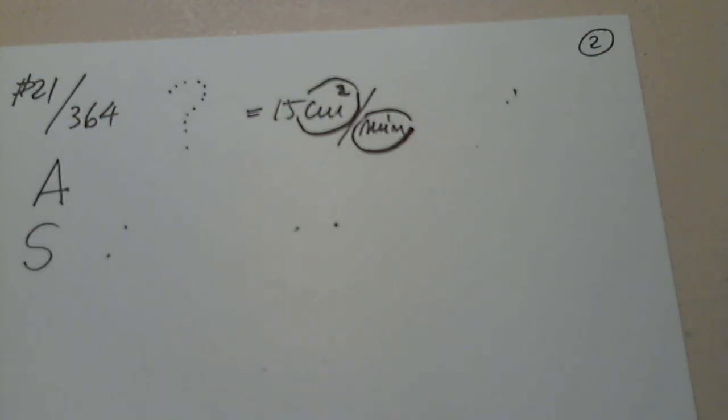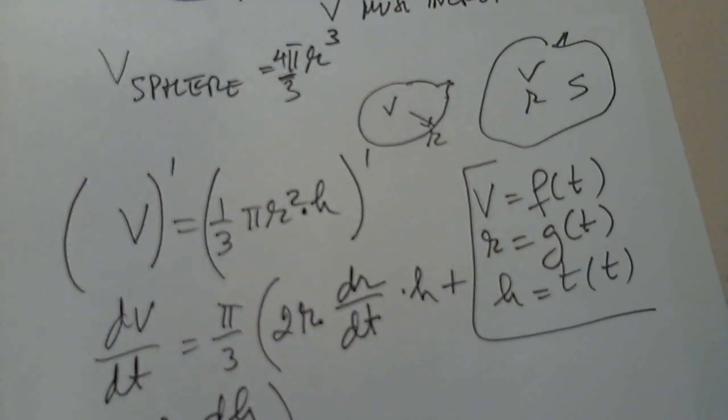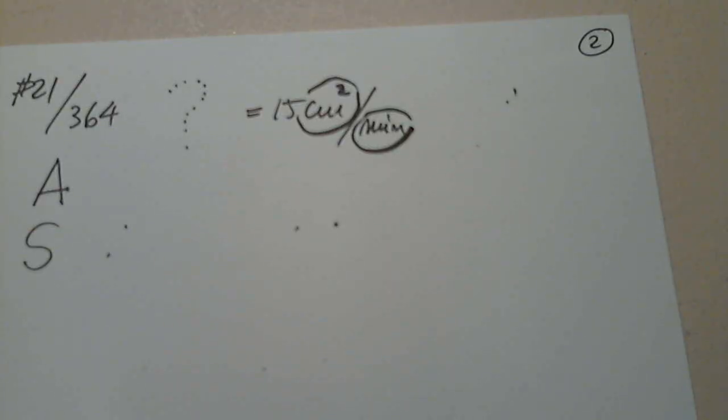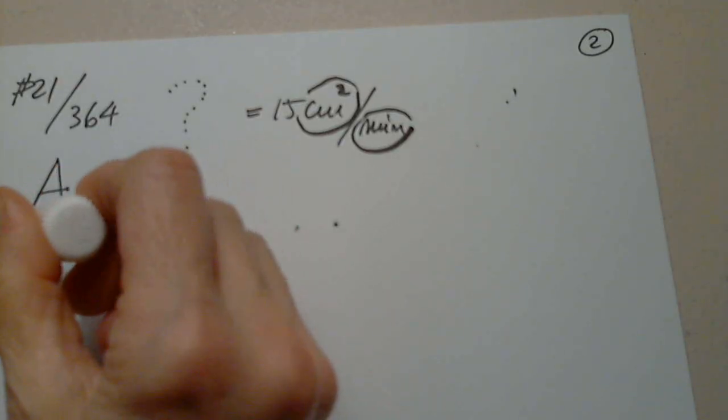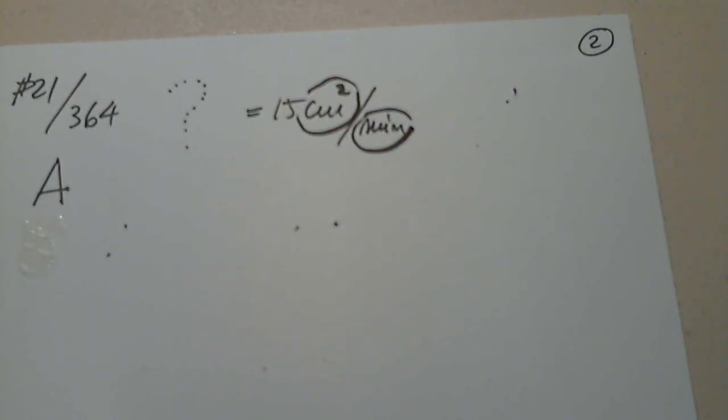Look at what I just did here, and you'll figure it out in a blink. We are given 15 centimeters squared per minute. So what do you think? Area, say it again. Area.